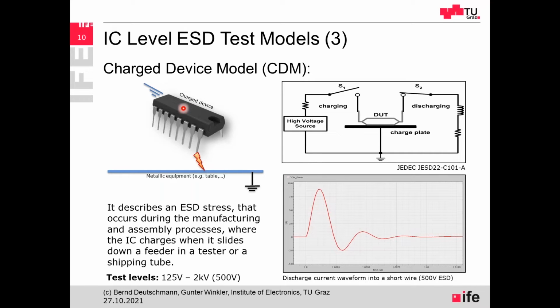So is it a big package? Is there quite a lot of metal structures within the IC? So it's not that easy to model such a kind of charged device, because it's not that easy to model how much charge is accumulated within the integrated circuit.